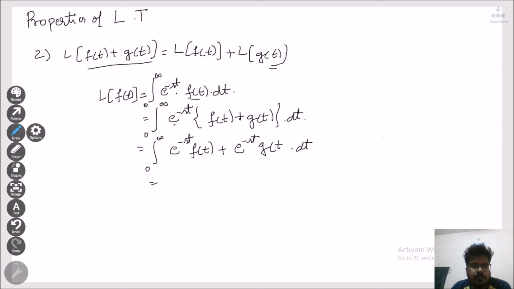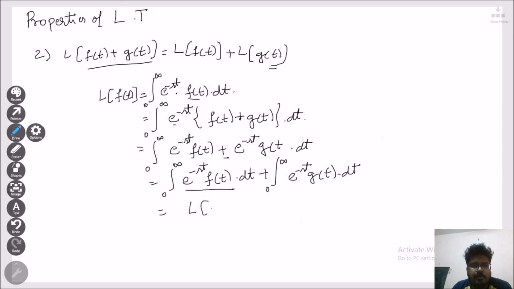Now we can split it: integration from 0 to infinity e to the power of minus st f of t dt plus integration from 0 to infinity e to the power of minus st g of t into dt, since here it is plus. Now this will become Laplace transformation of f of t.